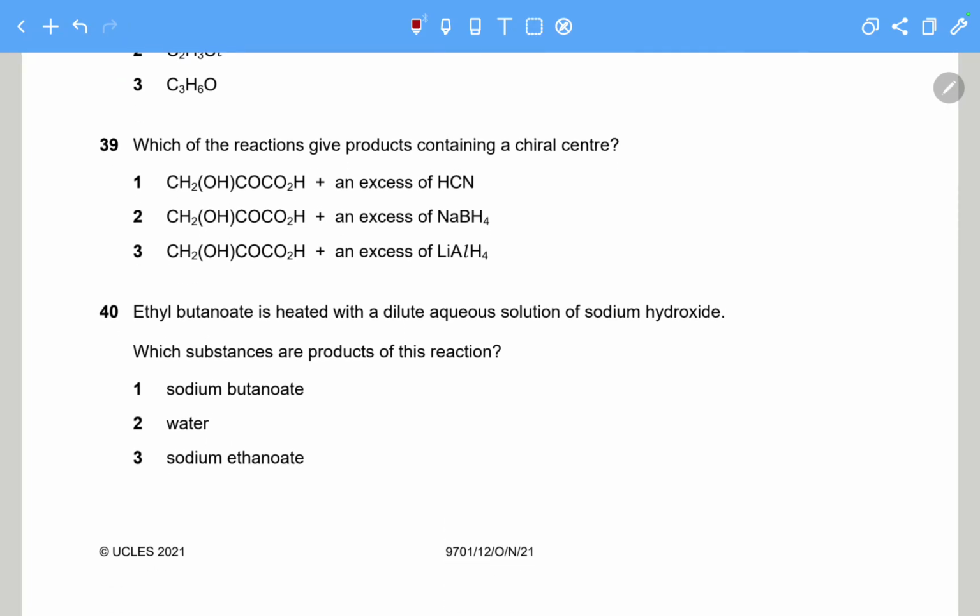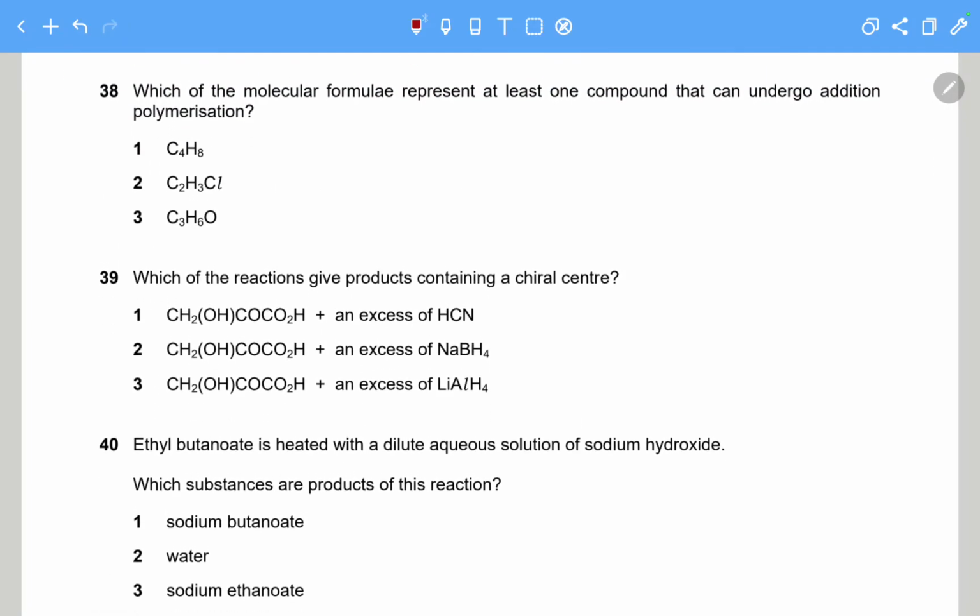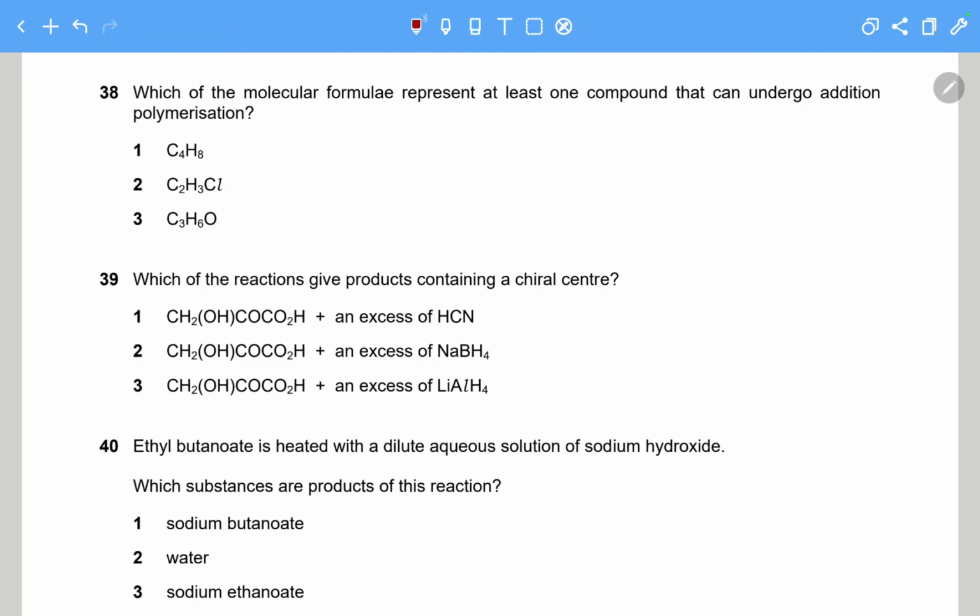Okay, question 38. Which of the molecular formulae represent at least one compound that can undergo addition polymerization? C4H8 is an alkene. So in some isomers, yes, it's an alkene, so it will undergo addition polymerization. C2H3Cl is basically CH2CHCl, also an alkene, so it will undergo addition polymerization.